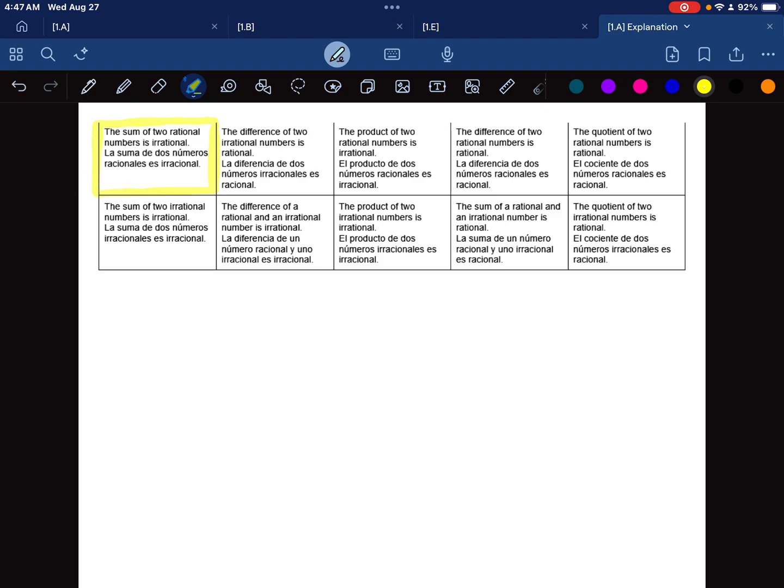I'm going to start with this card here. It says the sum of two rational numbers is irrational. Remember, rational numbers are friendly numbers like 7 and 3.5. When it's talking about the sum, it's saying that I'm adding those together. 7 and 3.5 is going to turn into 10.5.